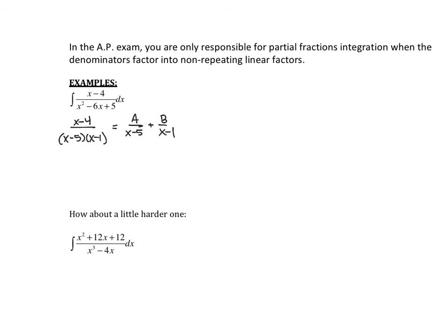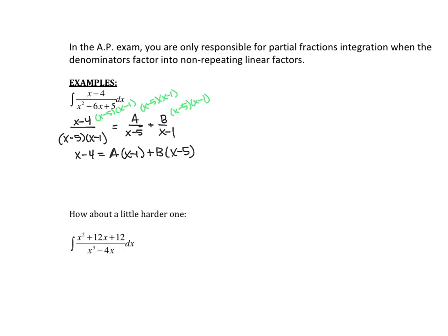Now, if I were to multiply everything by x minus 5, x minus 1 the whole way across, and I typically won't show this, when I cancel out the terms that are in common, I would end up with the expression x minus 4 equals a times x minus 1 plus b times x minus 5.